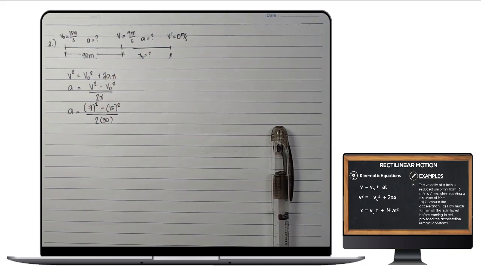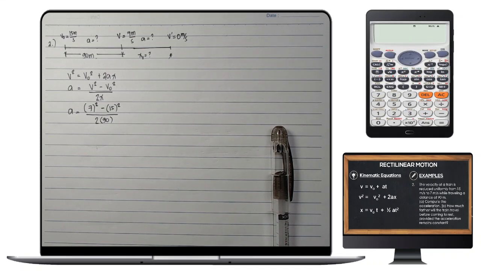So isolve natin to. Let's have our calculator. Solving this, we have 7 square minus 15 square divided by 2 times 90. So equals, yung acceleration natin, and as you can see, that is negative. I will use the fraction para ma-avoid ko yung discrepancy ng decimal places.